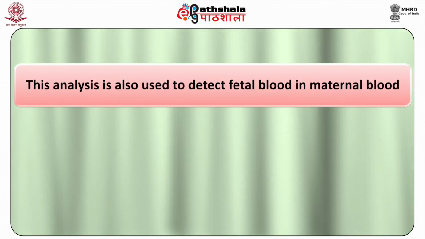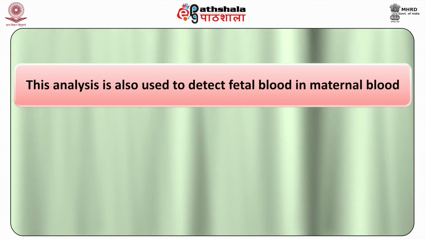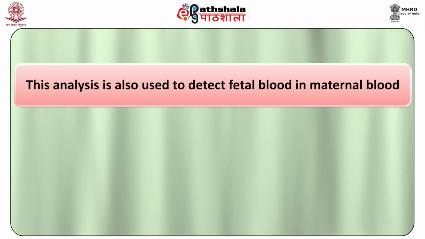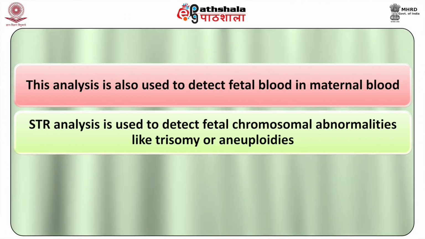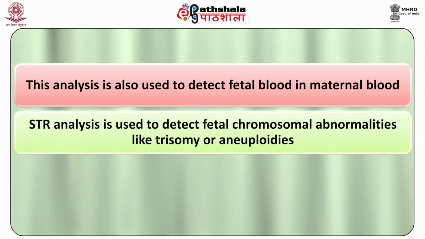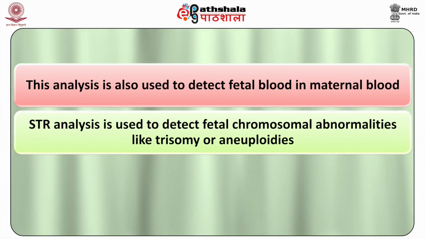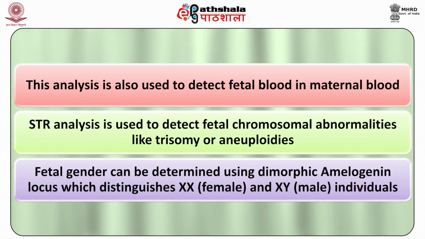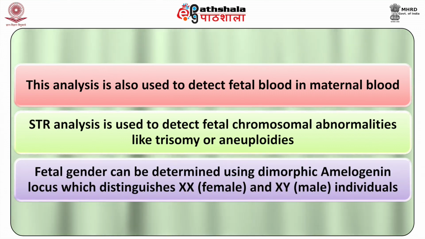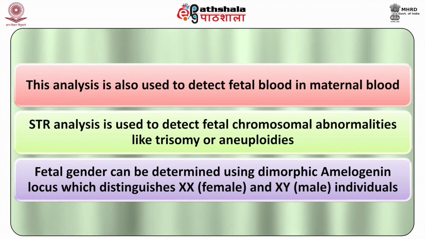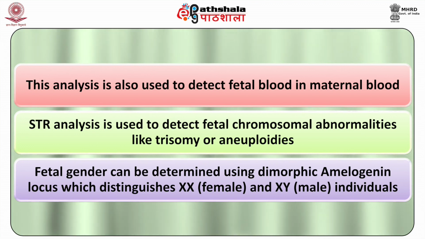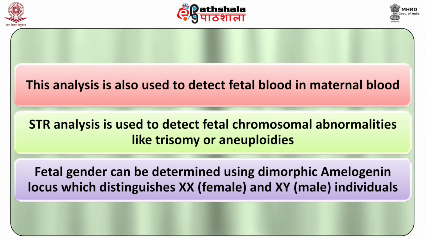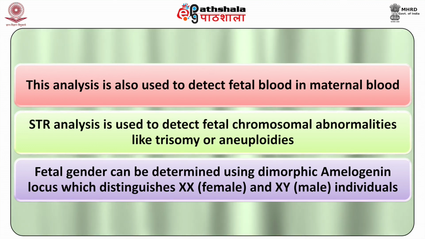This analysis is also used to detect fetal blood in maternal blood. STR analysis is used to detect fetal chromosomal abnormalities like trisomy or aneuploidies. Fetal gender can be determined using the dimorphic amelogenin locus, which distinguishes XX female and XY male individuals.